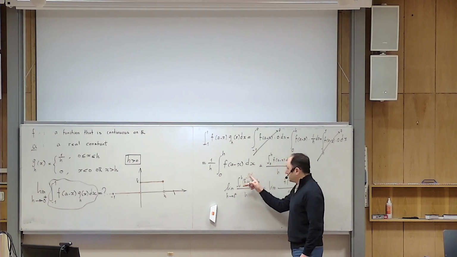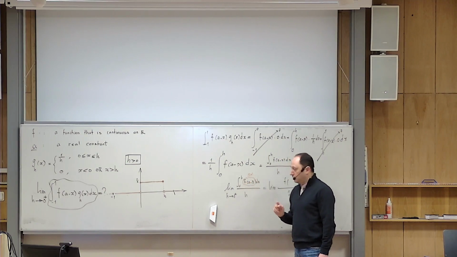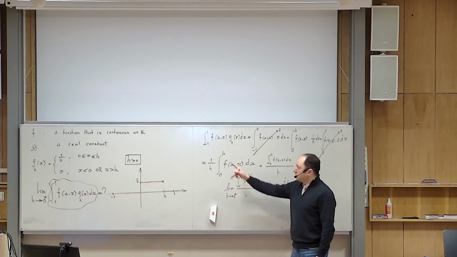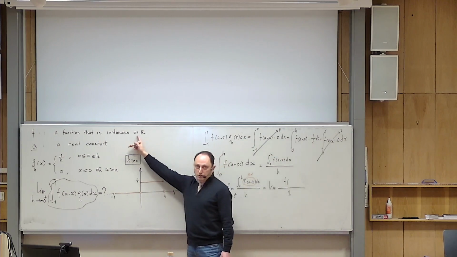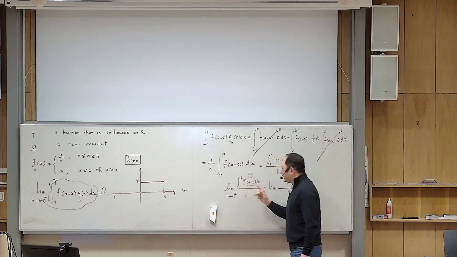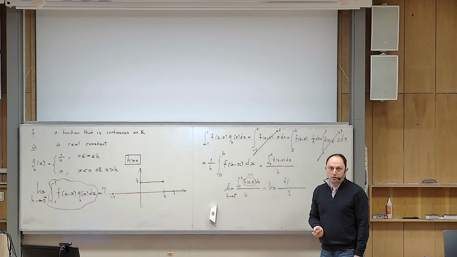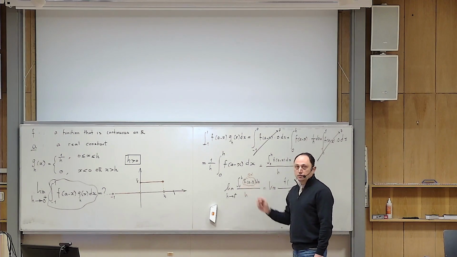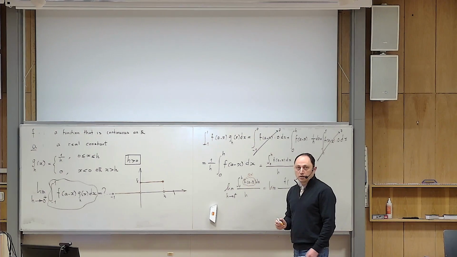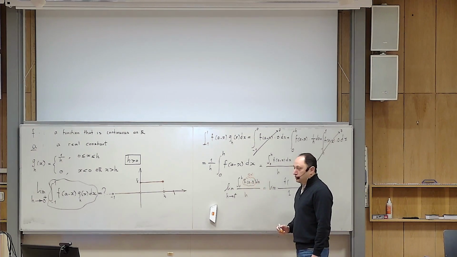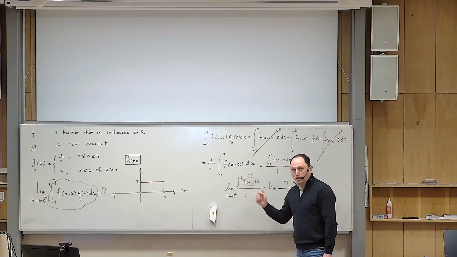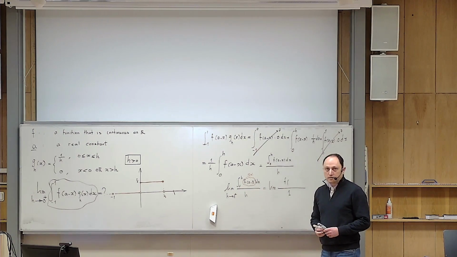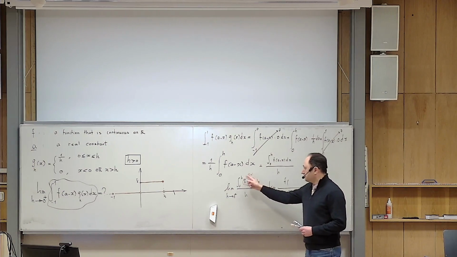But the important thing is that s of x is continuous. Why? Because f is continuous everywhere on R. A minus x is a first degree polynomial that is also continuous. So the composition of two continuous functions is actually a continuous function. So s of x is a continuous function, so I can apply the fundamental theorem of calculus to differentiate that.